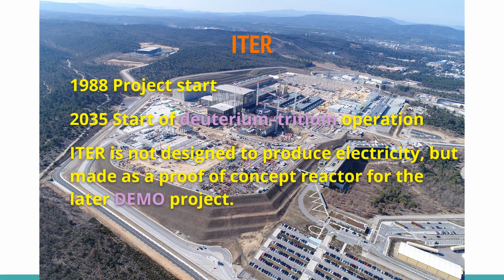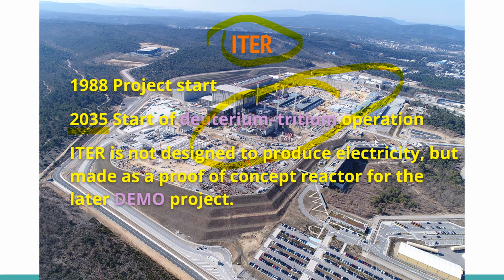To give you an idea how expensive it is, you can see the site is a very big site here. That's the ITER project in Europe. And in Europe, we try to build a first reactor that is actually working a little bit in 2035. Now, let's watch out for the next 15 years.